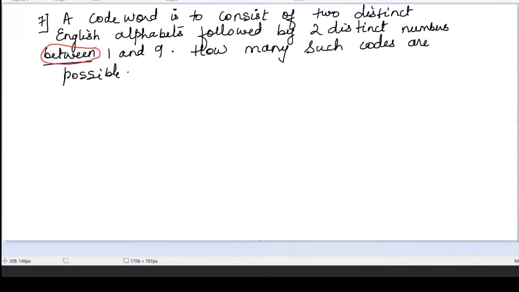So how should be the arrangement now? First two should be alphabets. Second two should be numbers. So how many are possible? How many alphabets do we have? 26. So from 26, I want 2. And followed by, now 1 and 9 are not included. From 7, I want 2 numbers.